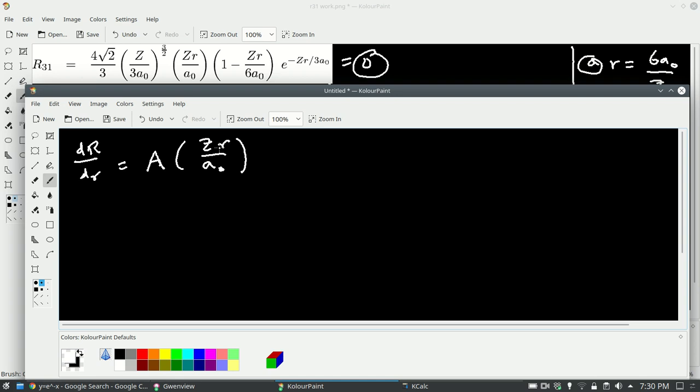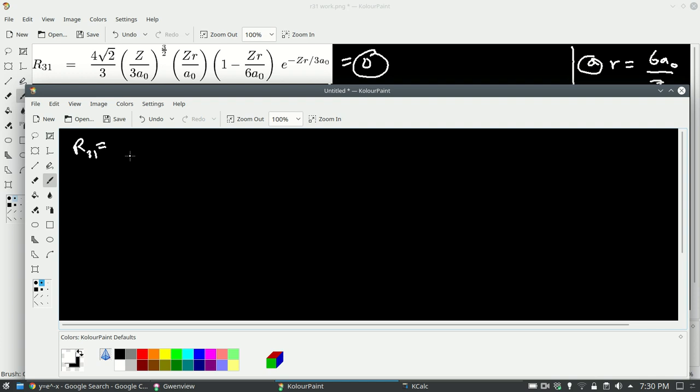Oh, wait a minute. I cannot do the product rule yet because I have 3 factors which have r in them. 1, 2, 3. So I'm going to distribute this across this one so I could have just 2 functions that have an r in them. All right, so this is A. So I'm going to rewrite this whole thing, not the derivative, just R31.